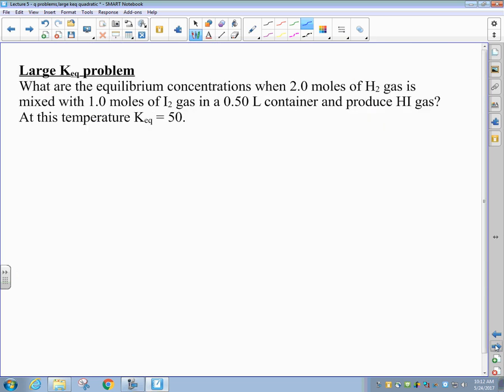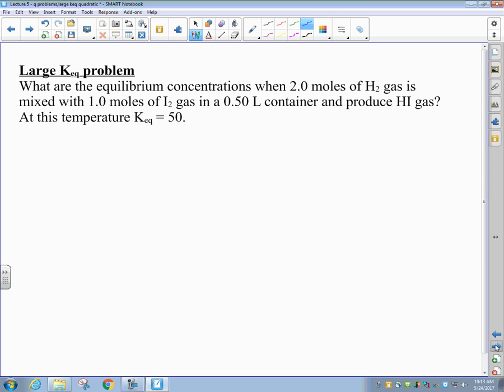Our second type of problem that we have today is a large KEQ problem. You've probably noticed a trend at this point, when all the ICE problems that we've done up to this point have all been a small KEQ value, which means the reaction favors the reactants, and X has been a very small number throughout the ICE problems we've done up to this point.